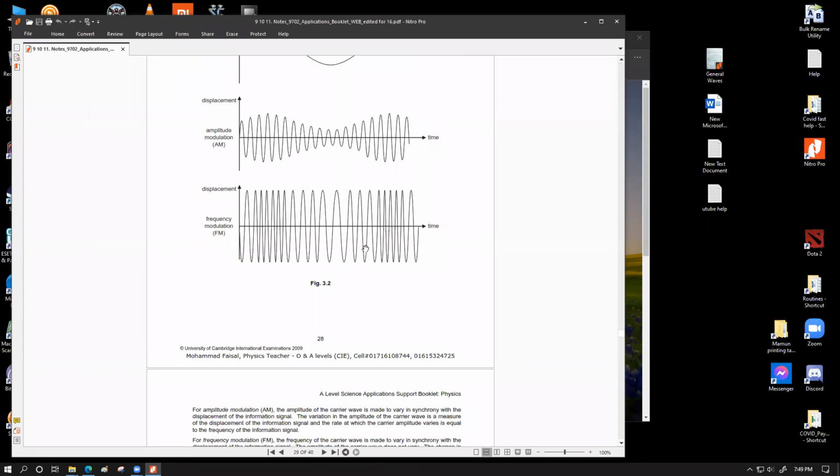Your syllabus does not cover a lot of information about frequency modulation. There's only one figure that you have for frequency modulation, this one, to give you an idea of how frequency modulation changes the carrier signal. And that's it. Everything coming beyond this point, after page number 28, is going to be related to amplitude modulation.